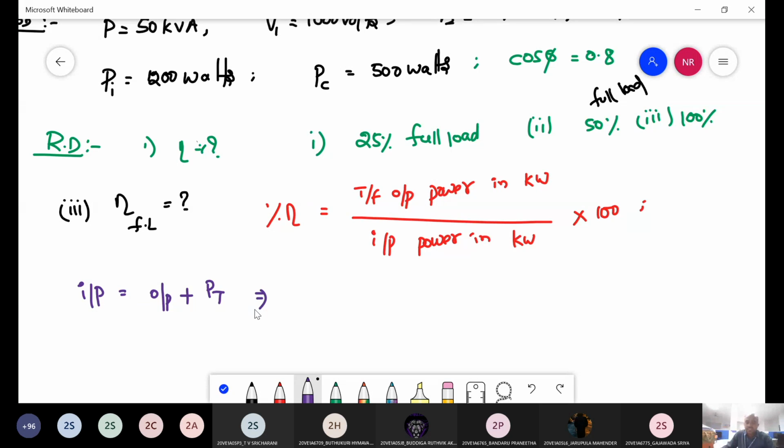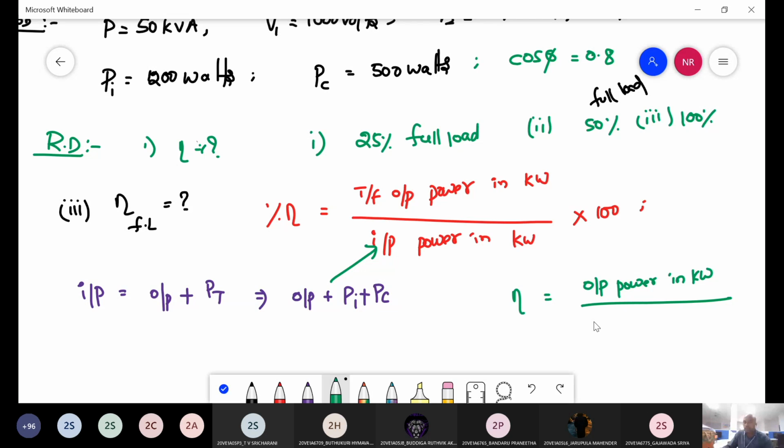The total losses in the transformer are iron losses plus copper losses. So now in place of input, I am writing this formula. So now efficiency is equal to output power in kW by output plus PI plus PC. Is it clear, guys? Yes, sir.